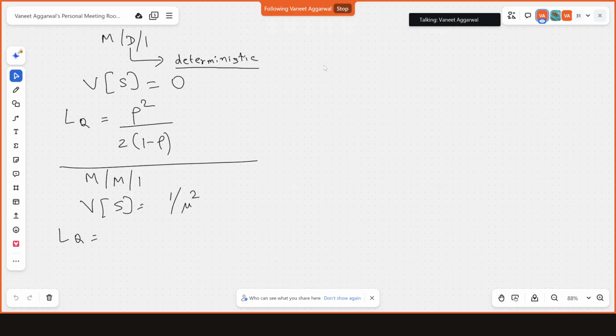So LQ is rho square plus lambda square times variance, 1 over mu square, over twice 1 minus rho. Now lambda upon mu is rho, so lambda square upon mu square is also rho square. Rho square plus rho square is 2 rho square. 2 cancels out, so this is rho square upon 1 minus rho. The calculation's clear.